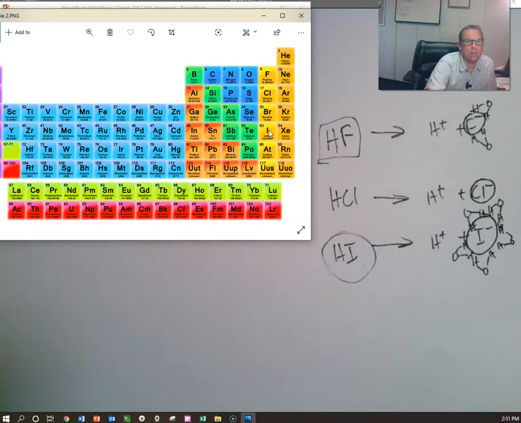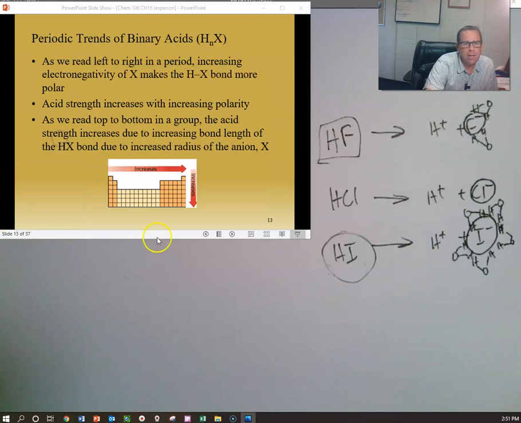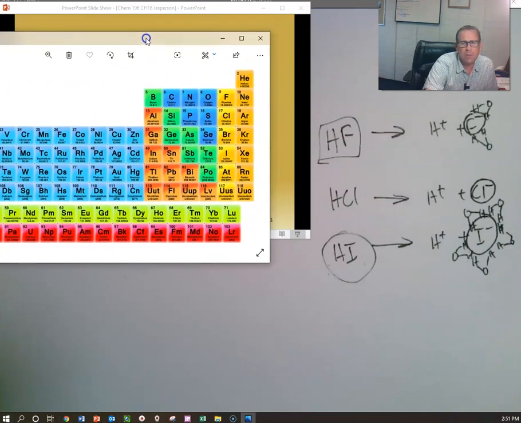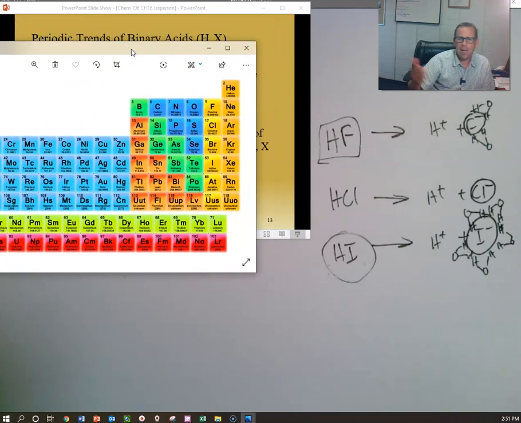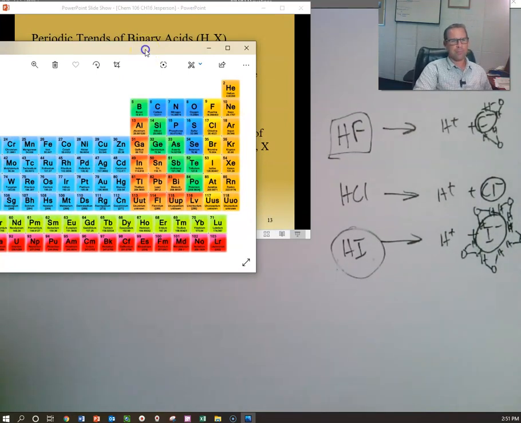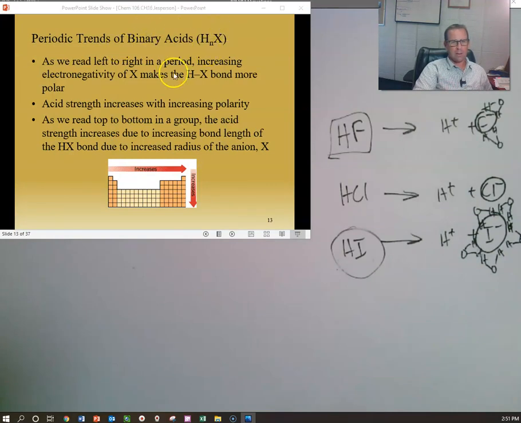So this trend of strength of acid heading to the right and then going down has to do with stability of the resulting counter ion, we call it, or the anion, when the acid forms. Again, this is for binary acids, just elements with hydrogens on them.